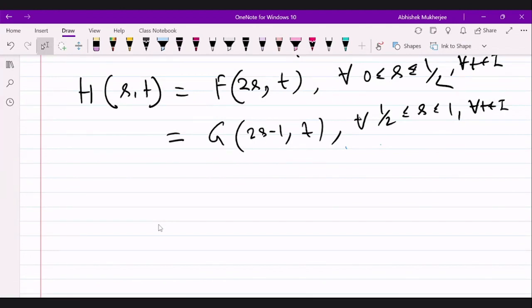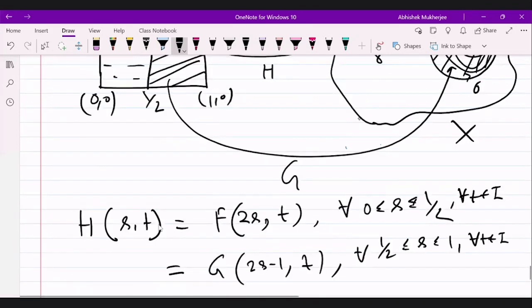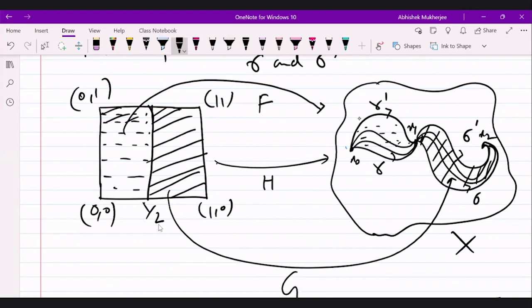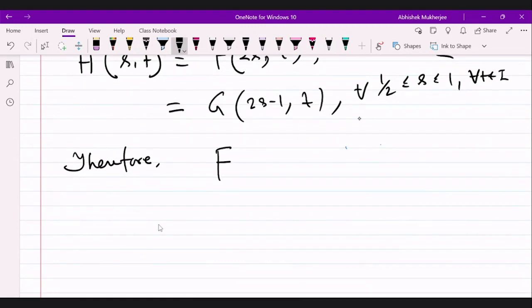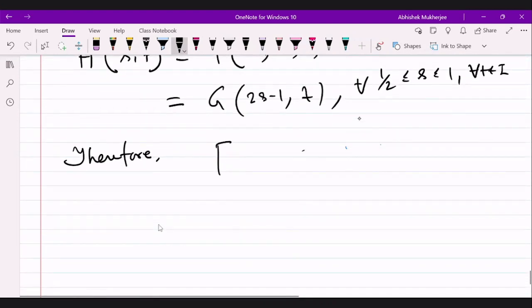So therefore, from these paths, if gamma and sigma will constitute capital gamma, and if gamma dashed and sigma dashed will constitute capital gamma dashed, then these two paths are path homotopic, right?